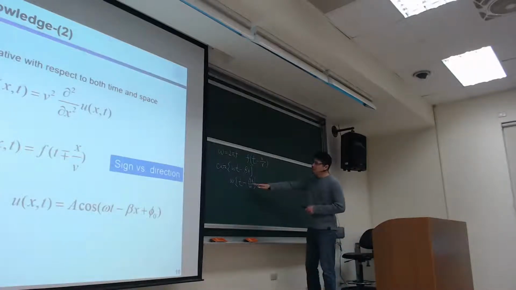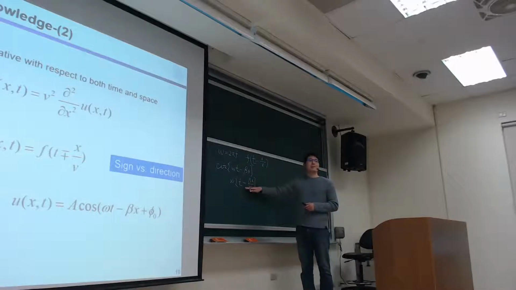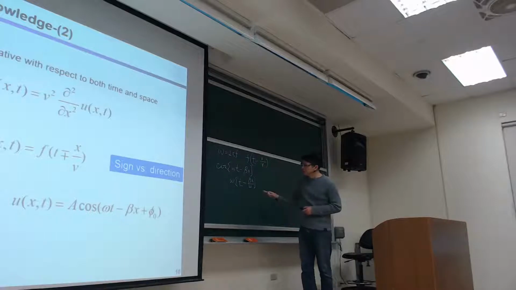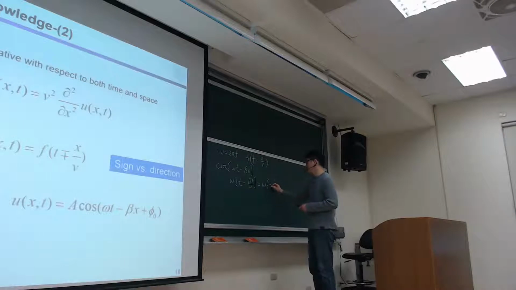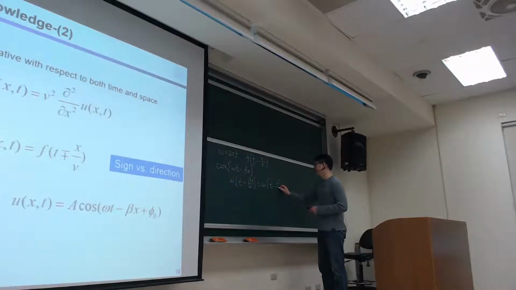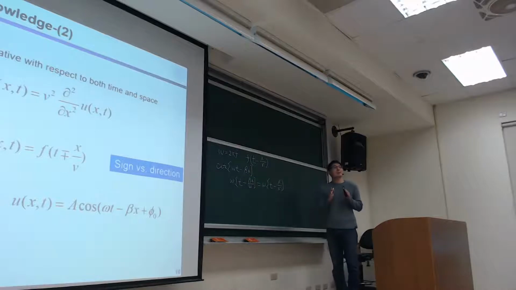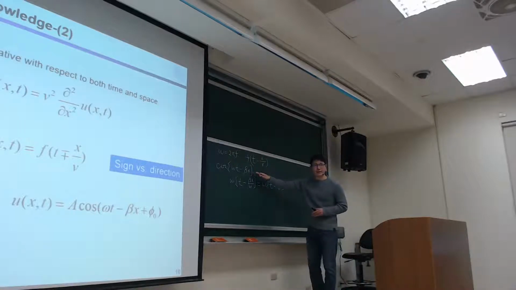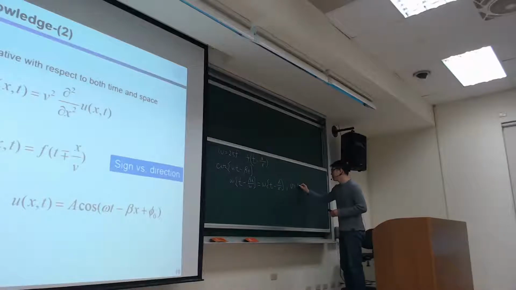All right, so this solution form can be compared directly to my general solution form, t minus spatial dependence divided by the velocity. So this means I can rewrite this as omega(t minus x divided by v). And immediately you see that this means v for this sinusoidal wave is nothing more than omega divided by beta.